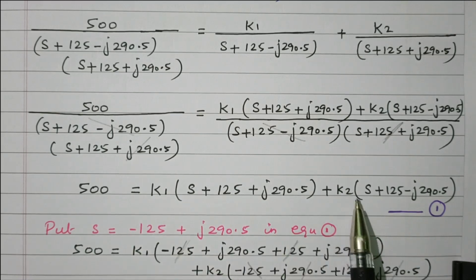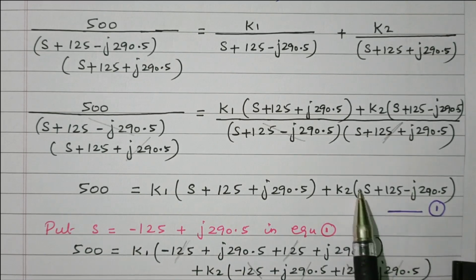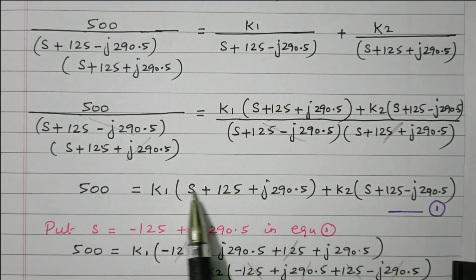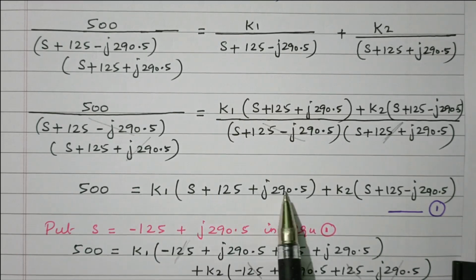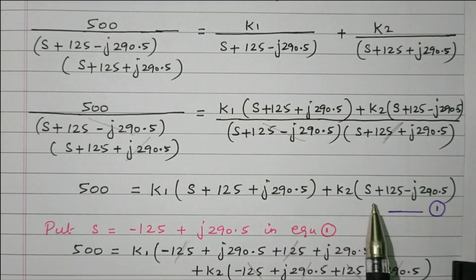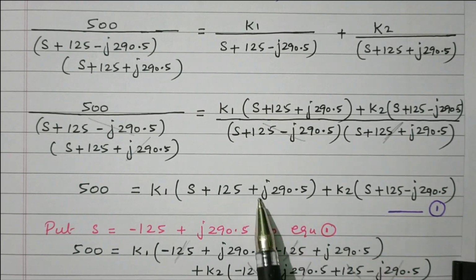If you substitute that, this K2 term automatically gets cancelled, so that we are able to find K1. Similarly, if we substitute minus 125 minus J 290.5, this term gets cancelled, so that we are able to find K2, right? So this value is decided accordingly to cancel either K1 or K2.